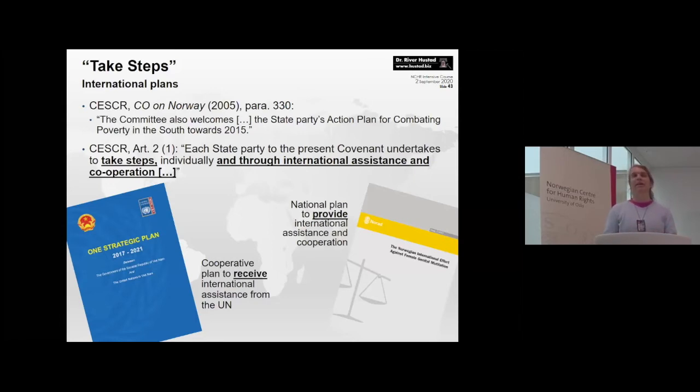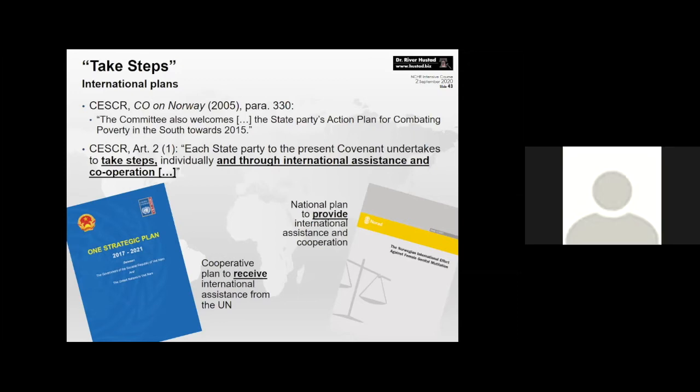The HDI might give some indication on the performance of states in comparison to one another, but the committee has said that's not very useful in a state being able to tackle their economic, social, and cultural rights. To know where you rank in relation to other countries is not particularly useful. You need to know what is particularly wrong in that country. The HDI can give some indications, but it's not going to be helpful in developing specific plans in that country.